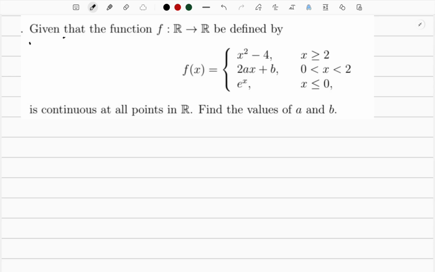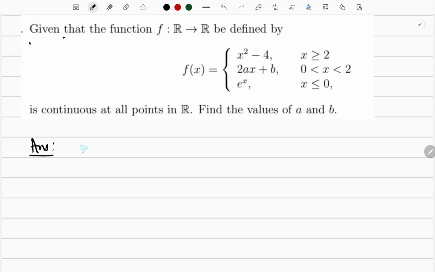So for this one, we are given that the function is continuous at all points in R, which means that there are no gaps on this function. What does this mean? Let's write the solution here.